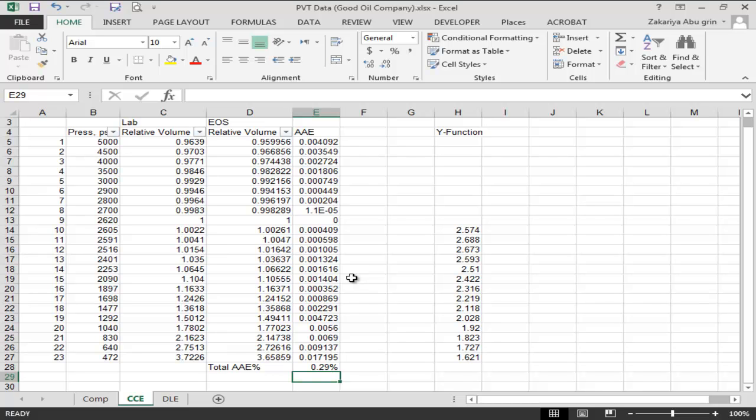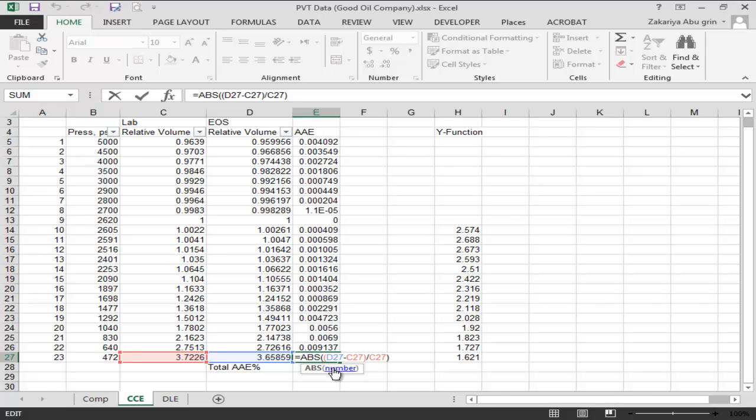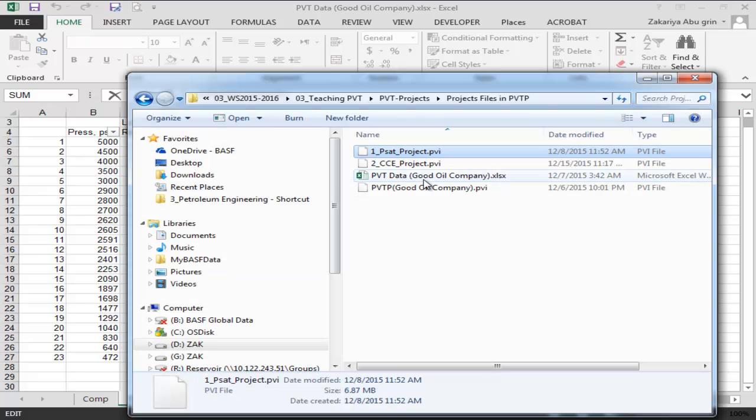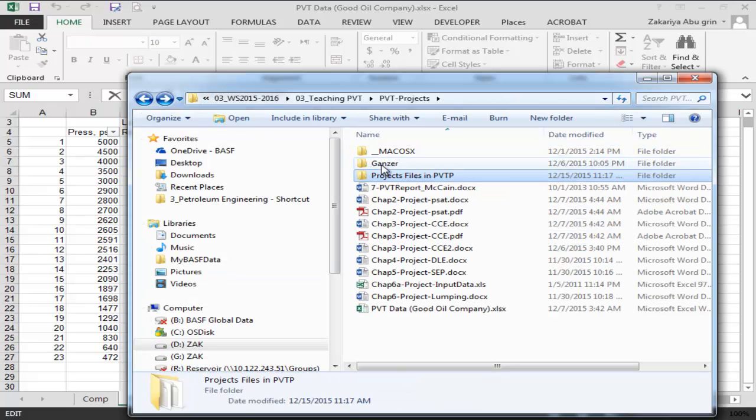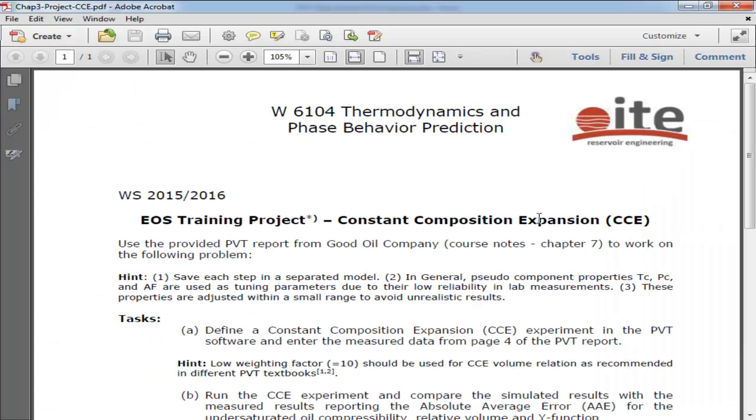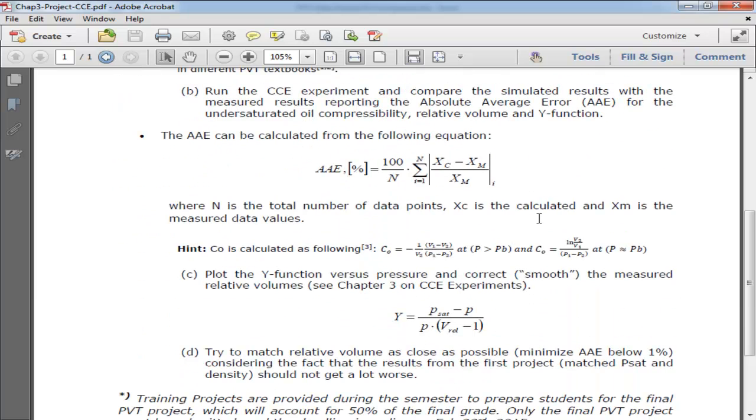Equation 4? Yeah. This one. The software will not calculate average absolute error for you or do the Y function.